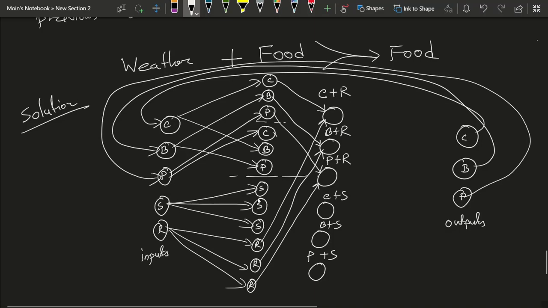This is the next day that I can have the chicken and I can have sunny weather, burger and sunny weather, pizza and sunny weather. So that's how the calculations of all possible combinations are being done in this layer. And we can call this layer the addition layer.